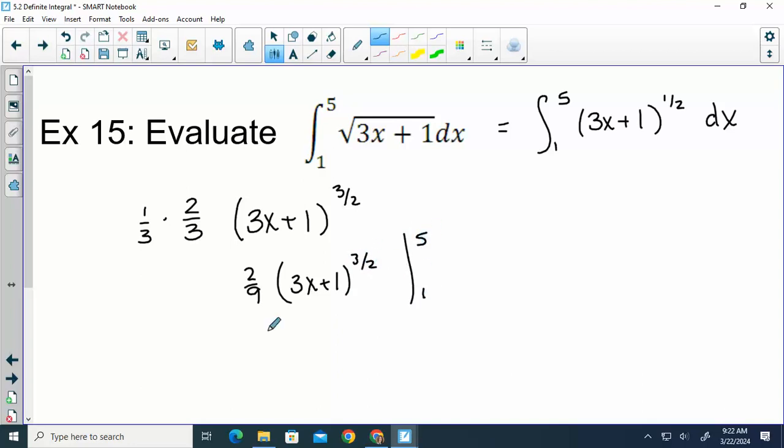I'm going to evaluate from 1 to 5. And so if you put in a 5, you get 16 to the 3/2. So that means like the square root of 16 cubed. You put in a 1, you get 4. So the square root of 4 cubed.